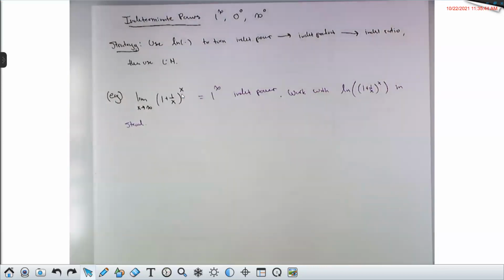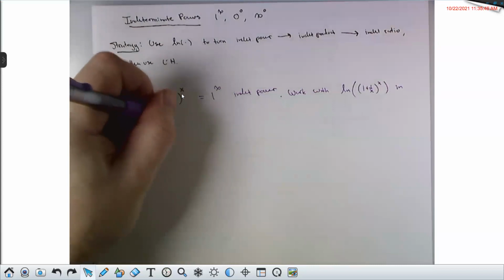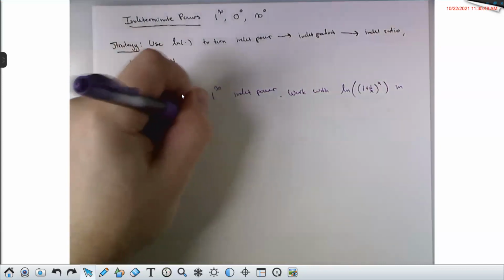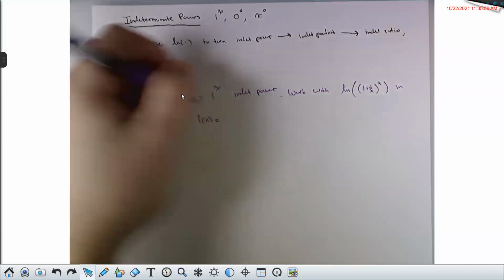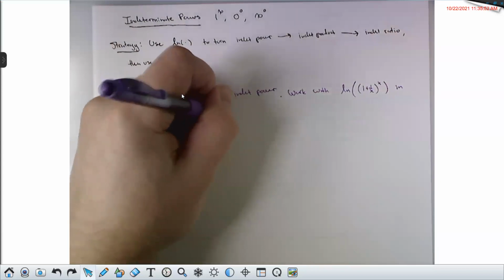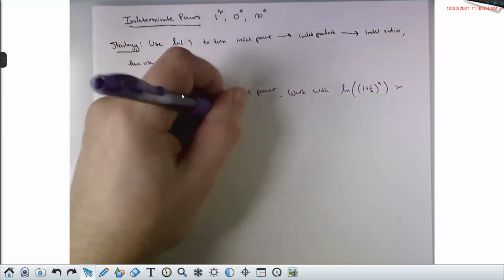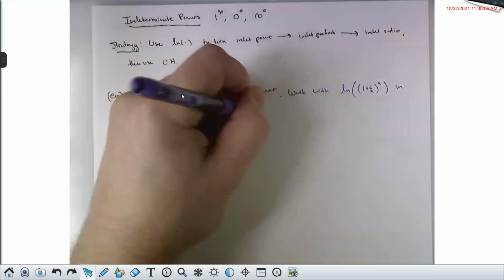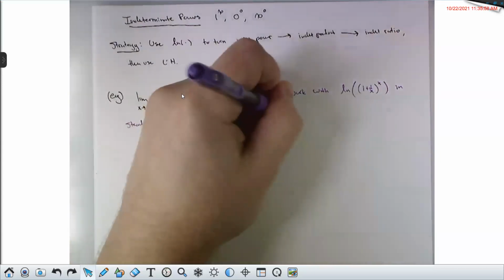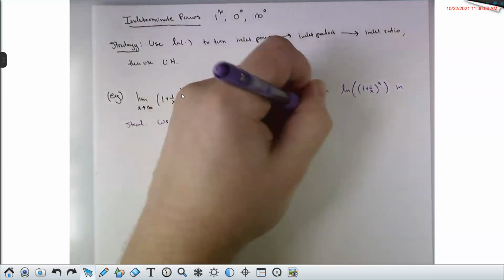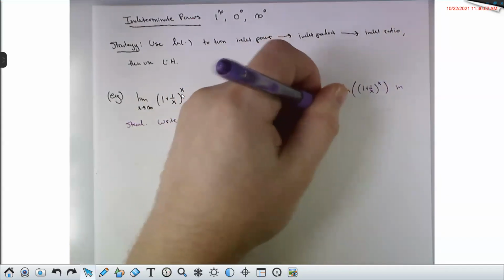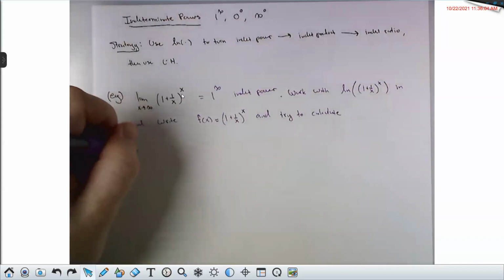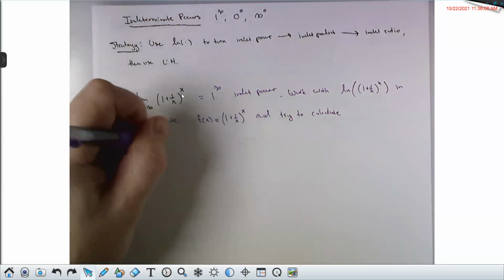Specifically, I'm going to write f of x equals 1 plus 1 over x to the x, and try to calculate the limit as x goes to infinity of the natural log of f of x.